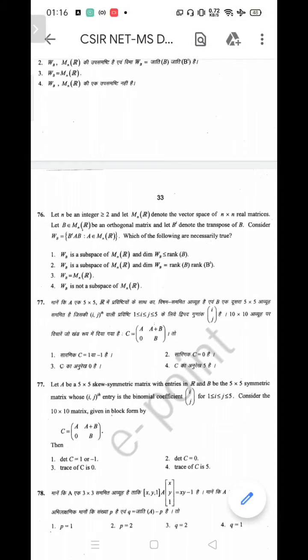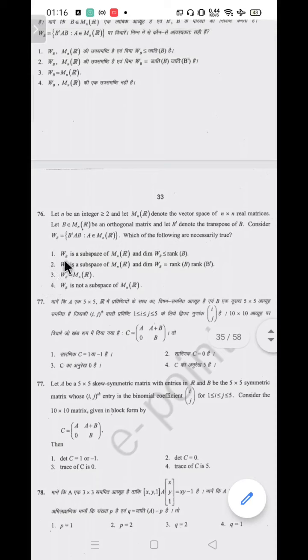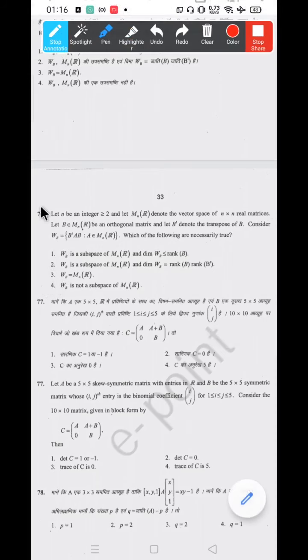Since B is orthogonal, that is n square. That is true. It is n square and it will be actually equal to m and r. Options 2, 3, 4 will be the correct ones. Yes, 2, 3, 4. Okay. What is the next one?